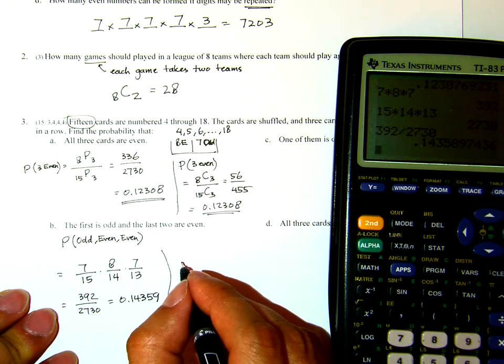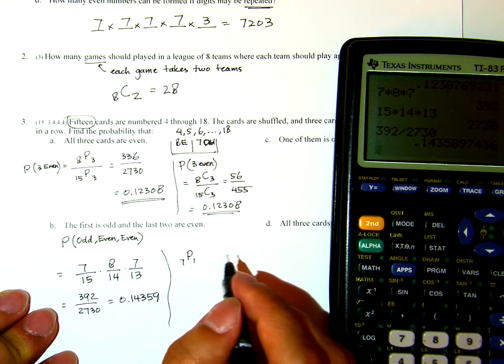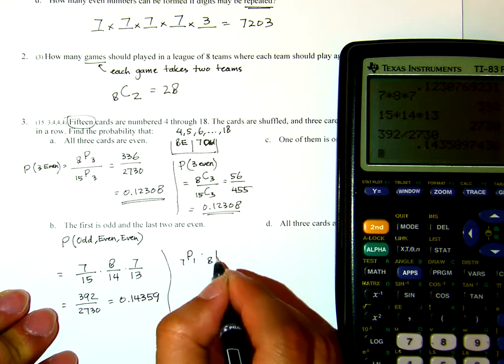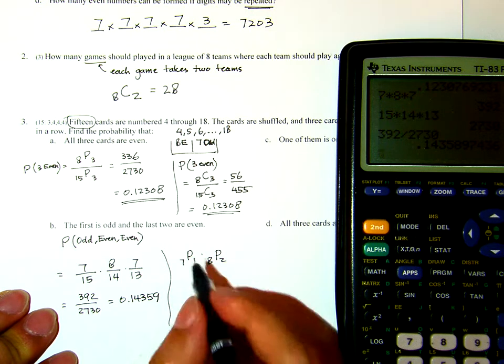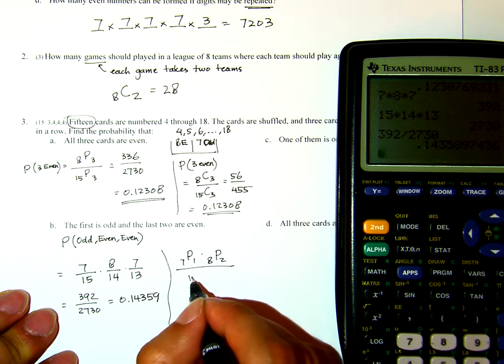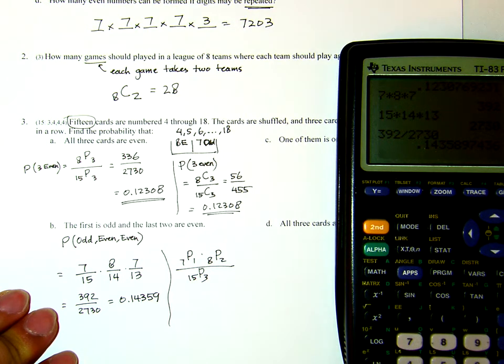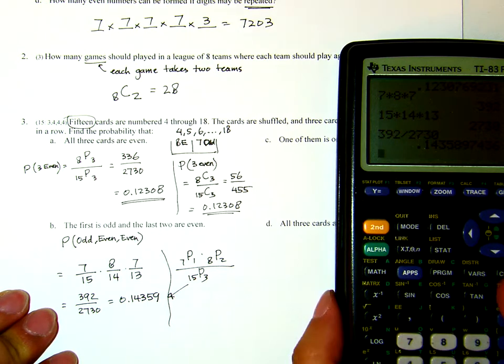Now, you can also do it this way. This should be 7 permute 1, that's the number of ways to get an odd, times 8 permute 2, that's the number of ways to get even after the first odd, divided by 15 permute 3. If you use the calculator, you expect to see the same result as the first one.